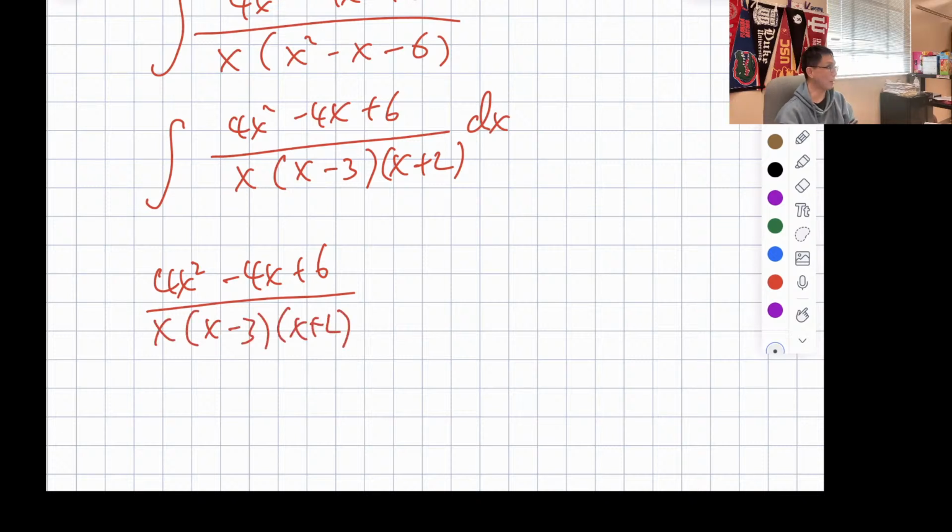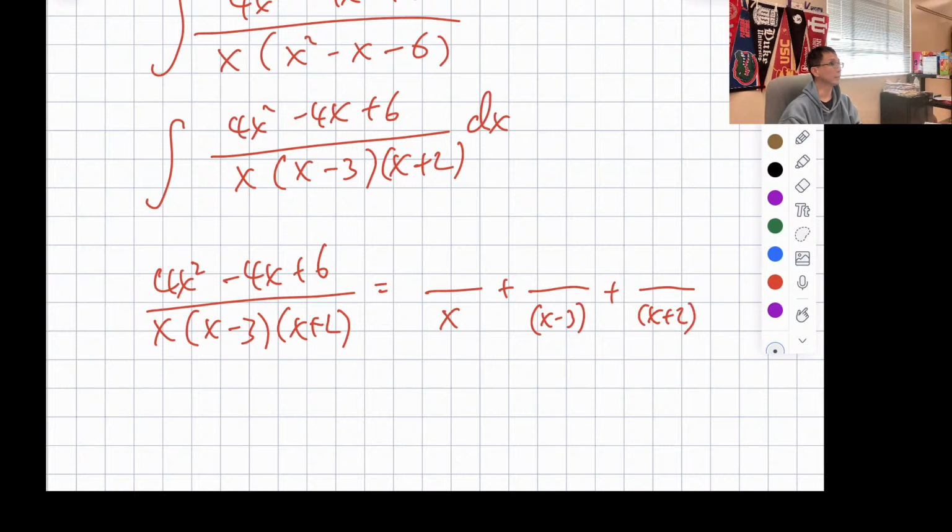Now I'm just going to do algebra. No calculus. Calculus is easy. Algebra is the hard part. Can I say there are 3 fractions added together? What would be the denominator? It's the same for all of them: x, x minus 3, x plus 2.